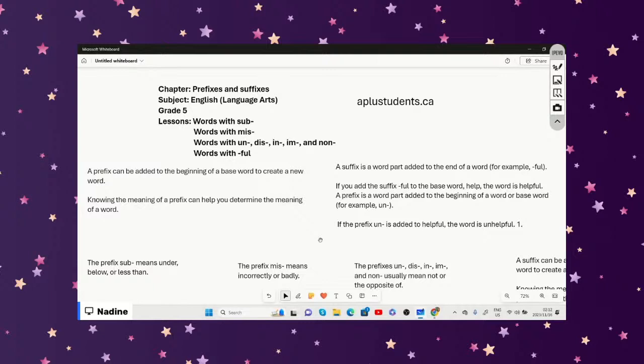And an example is un, right? Un. And if we add un to, for example, helpful, then we can say it is unhelpful, meaning you're not being helpful.